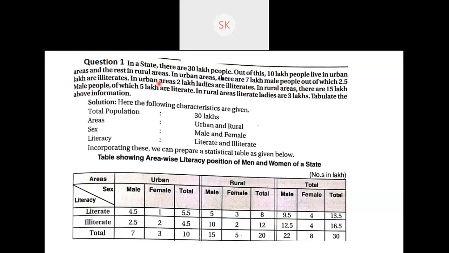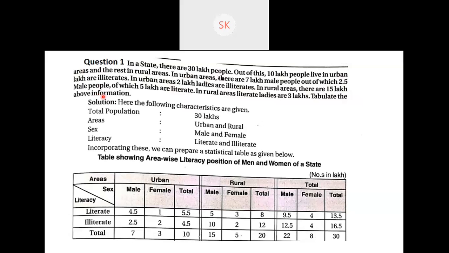In urban areas, 2 lakh ladies are illiterates. In rural areas, there are 15 lakh male people, of which 5 lakh are literate. In rural areas, literate ladies are 3 lakhs. Tabulate the above information. Now, I've read the question as slowly as possible.